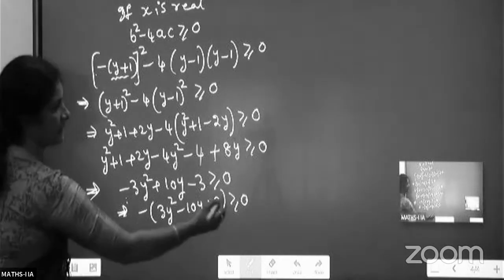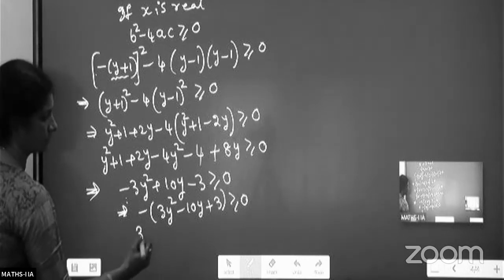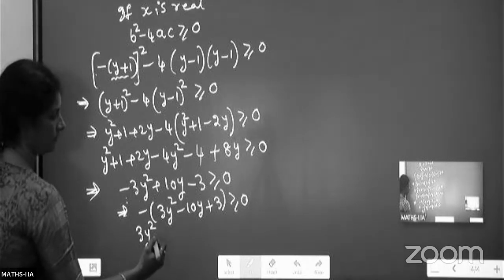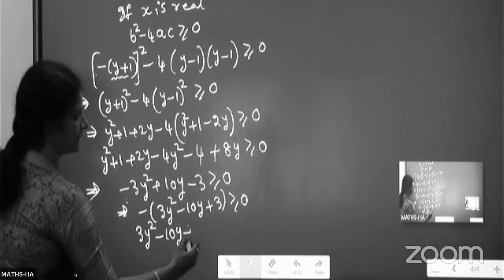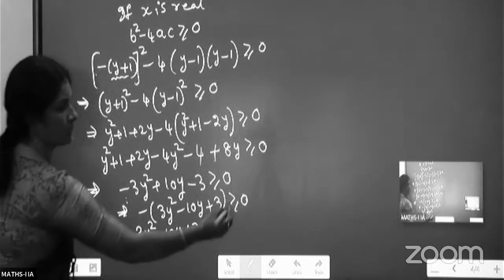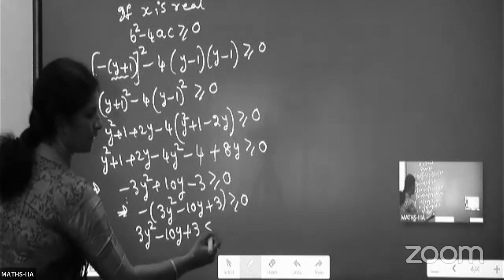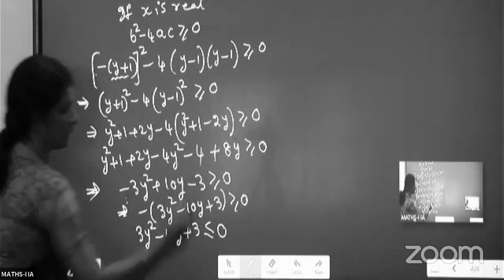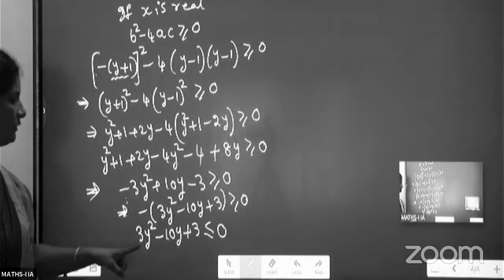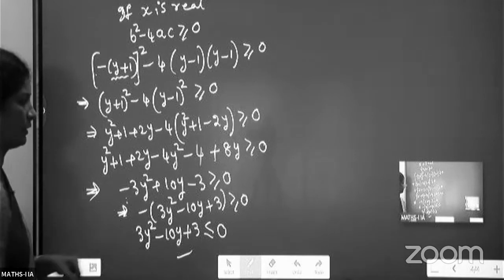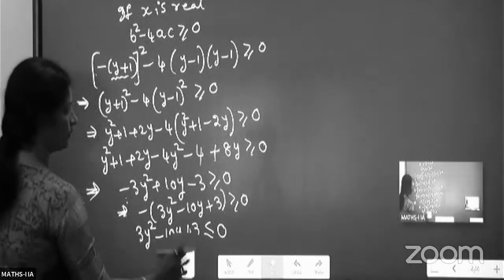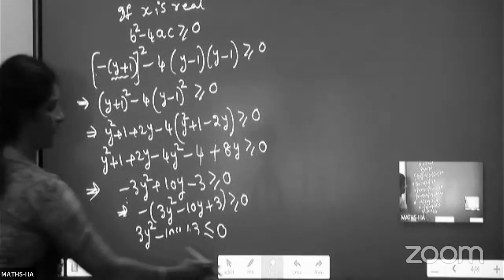Then immediately send minus to the right side. So 3y square minus 10y plus 3. If minus goes to the other side, greater than or equal to become less than or equal to. Now you can observe it is perfect quadratic equation in terms of y. So here what you have to do? You have to find out factors for that.